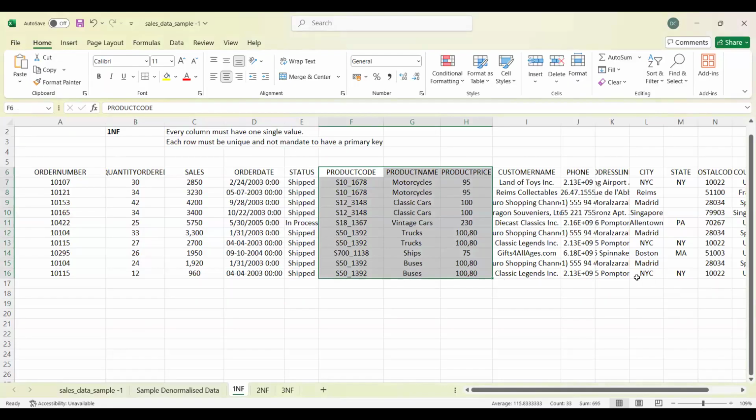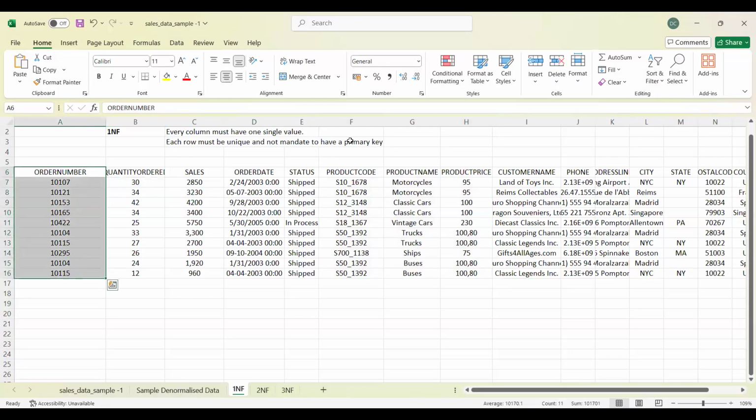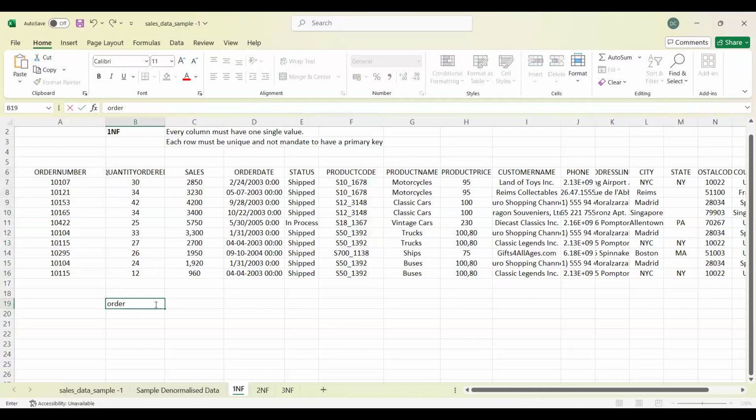As I said, we can create multiple candidate keys in one table, even 4 or 5 here. For now, we can consider order number and product code as a candidate key. Let me write: order number is one column and product code is another column.